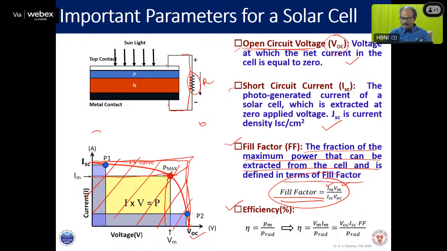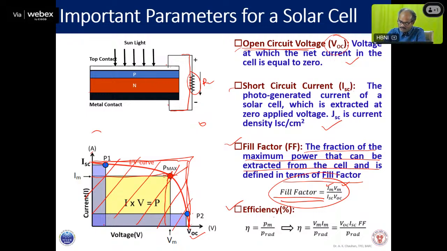If I have a panel and I am getting 1.5 kilowatt of electricity out of that panel, in that case I can call it a 100% efficient solar cell. So efficiency is basically the output electric power generated by the solar cell divided by the input intensity on that solar cell.